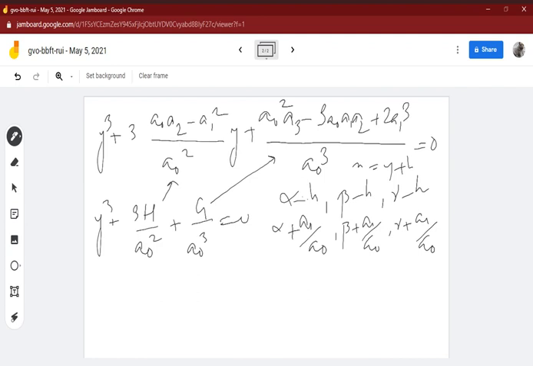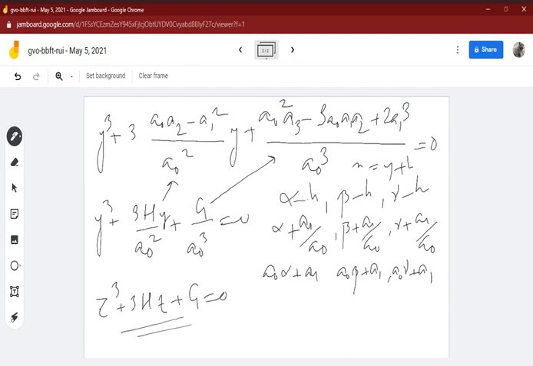Is that clear? Now if you multiply these roots by a0, you will get a0 alpha plus a1, a0 beta plus a1, and a0 gamma plus a1. So the equation will change to z cube plus 3h z plus g equals 0.